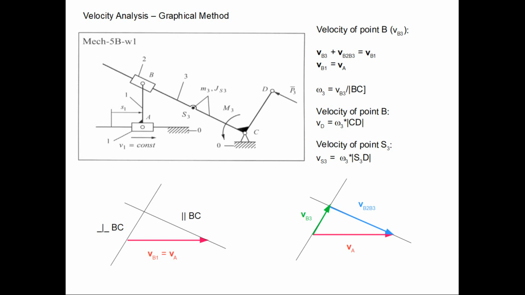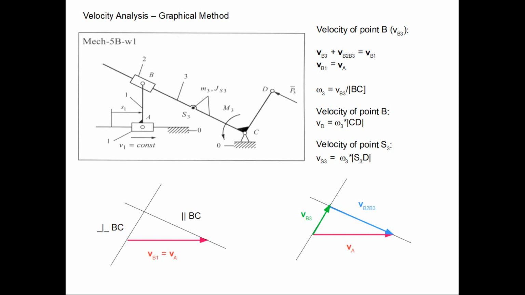When we look at the mechanism, we also see that we know VB1. Why? Because point B belonging to rod 1 is fixed to point A. This rod 1 is welded to the slider, and there cannot be any relative motion between B and A. So VB, this absolute velocity with respect to the fixed frame, must be equal to VA, and therefore we have our first equation.